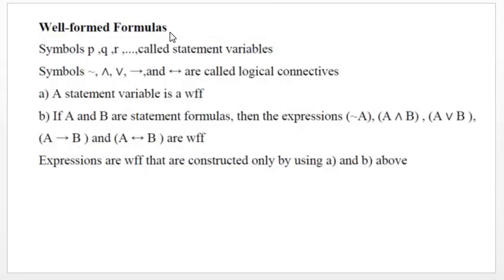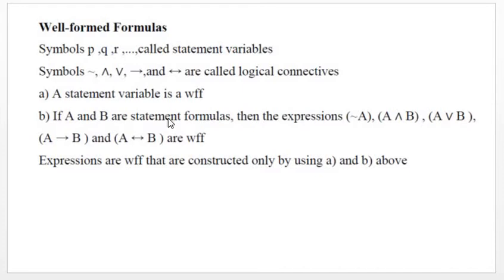Well-formed formulas. Symbols P, Q, R, etc. are called statement variables. Symbols negation, conjunction, disjunction, implication and biimplication are called logical connectives. A statement variable is a well-formed formula.